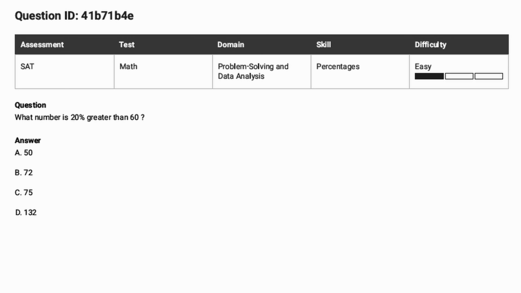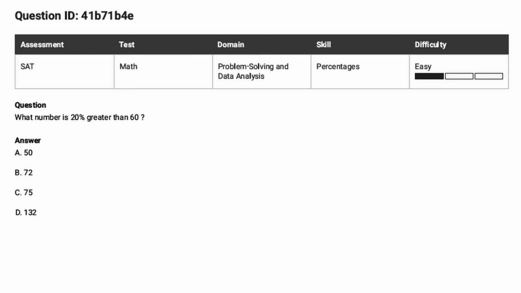Now we have a percent change question, and this is where you can also use what I taught you in the last question, with multiplication. What number is 20% greater than 60? One thing you have to identify when it's percentages and an increase is that you have to put 100% on top of the percentage that's currently there.